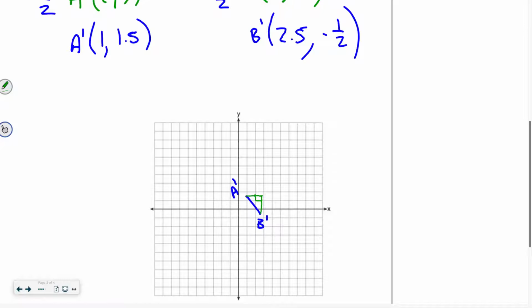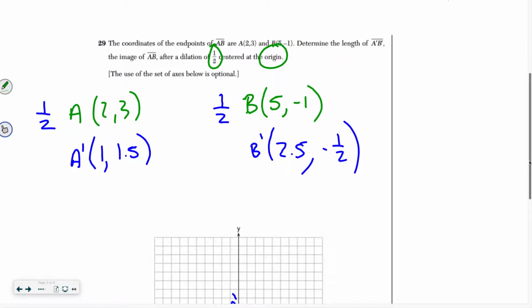So anytime you want to find the length of something, just use the Pythagorean theorem, right? So this is one way to do it. But the other way to do it is simply to find the length of AB, which is much easier, right? So let's find the length of AB.